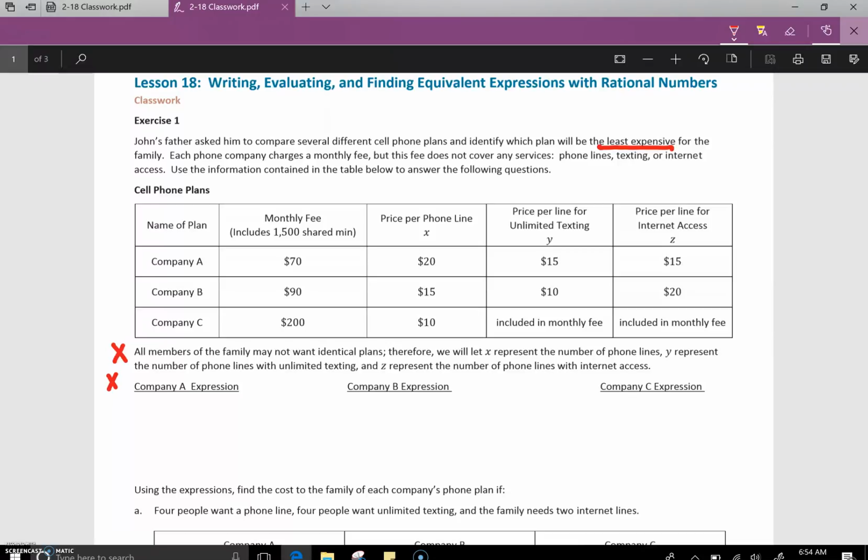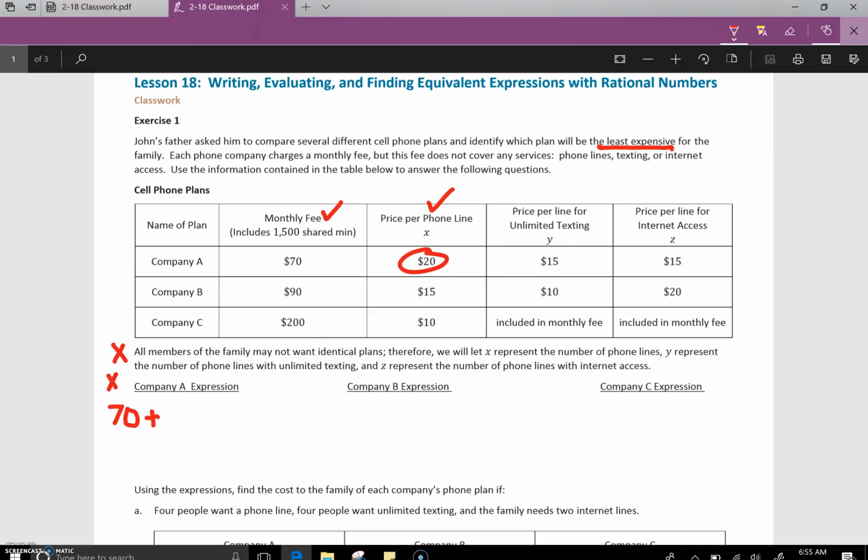So here's what that would look like. We know that company A has a $70 monthly fee. $70 right away. There's additional charges. The price per phone line is $20 per phone line.